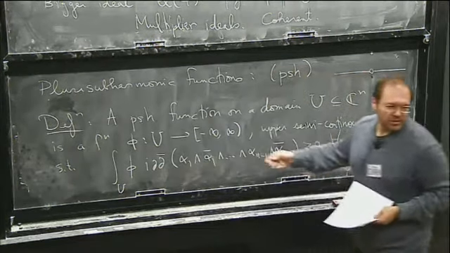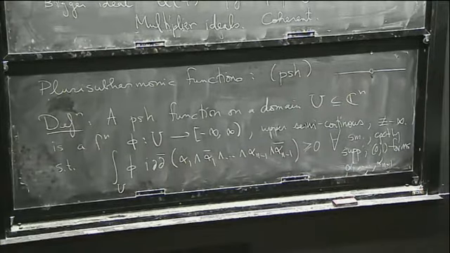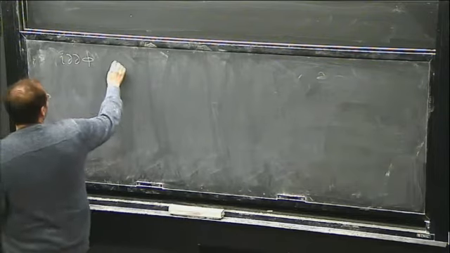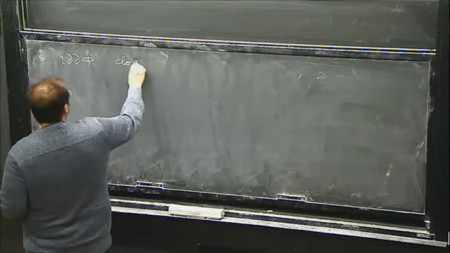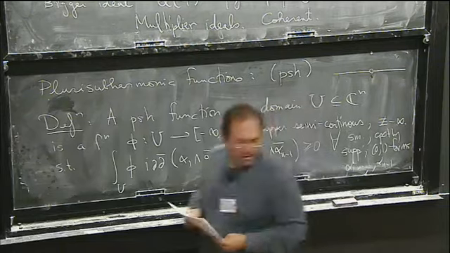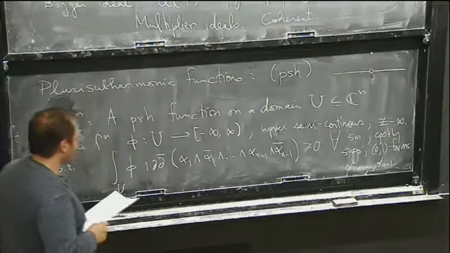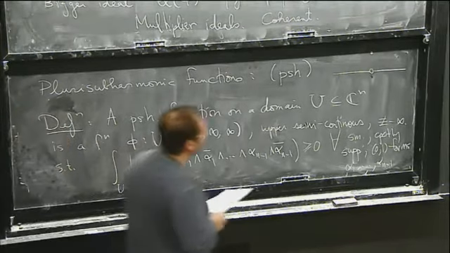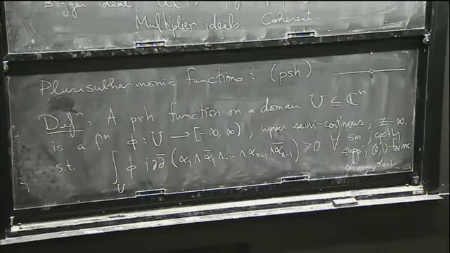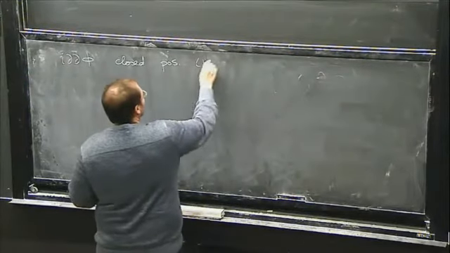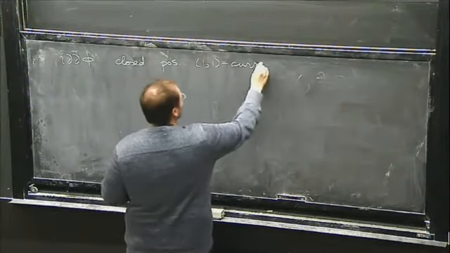So what this says is that you have a current i dd-bar phi. Well, it's upper semi-continuous and not identically minus infinity. Locally integrable? Yeah. So i dd-bar phi is a closed positive 1-1 current.